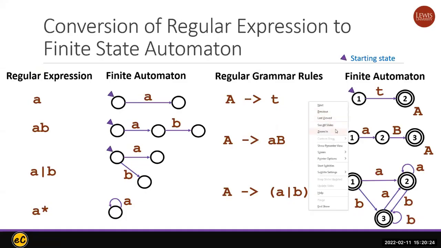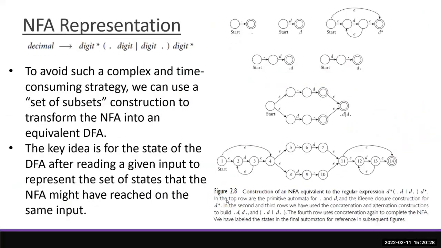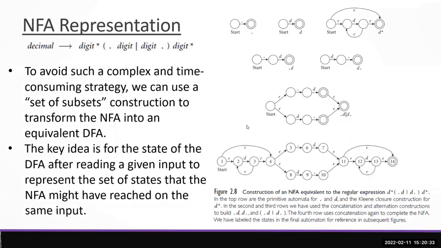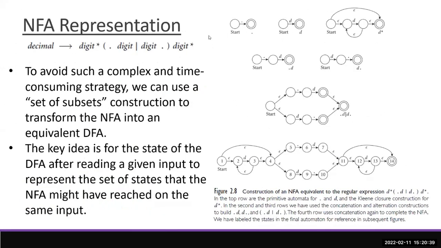Anyway, it generates a non-deterministic finite automaton, but that is not useful. You cannot apply it directly to the Lexer design. So here you have an NFA transition. You can take a D and go to the next state, or you can take a different rule.